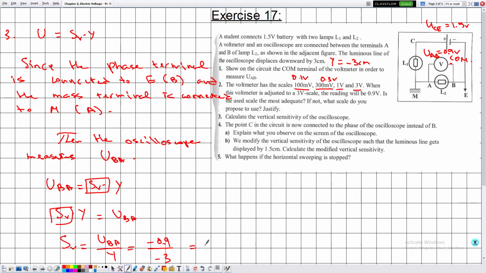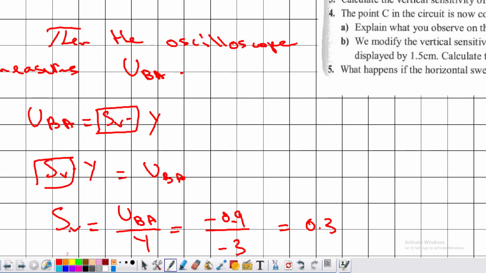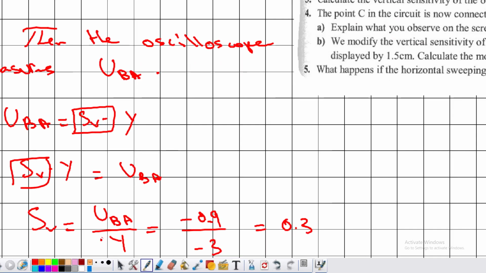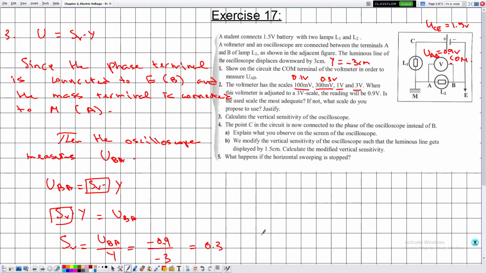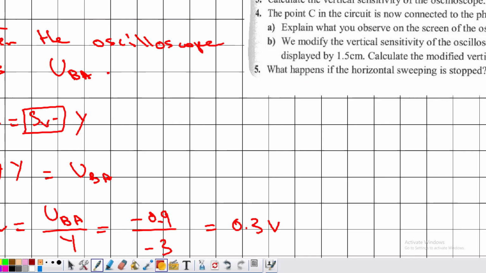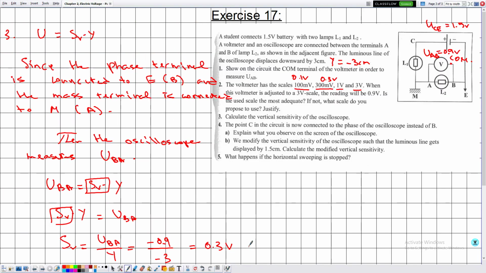As you can notice, the value of SV must always be positive, it is sign independent. Because U is expressed in the SI and Y in the SI, SV will be volts. Since the displacement is in centimeters, this is volts per centimeter. Then the vertical sensitivity of the oscilloscope is given by 0.3 volts per centimeter.